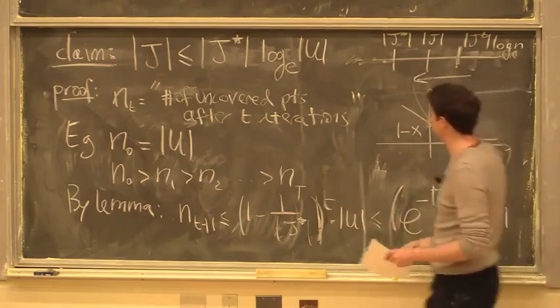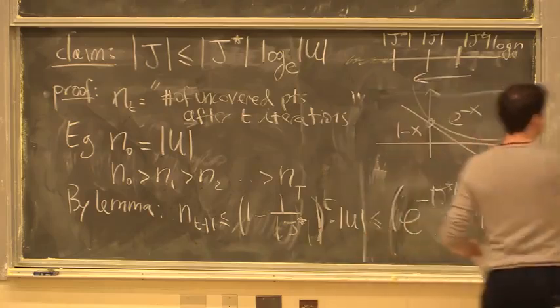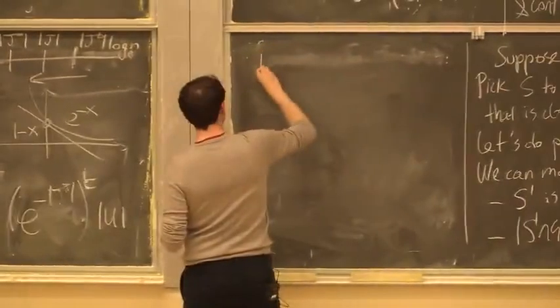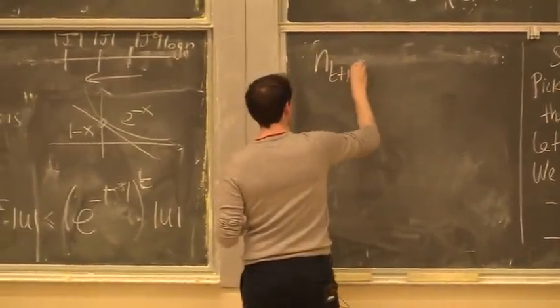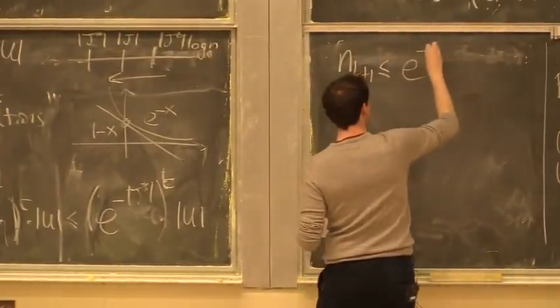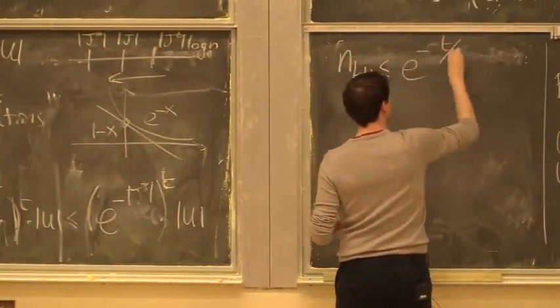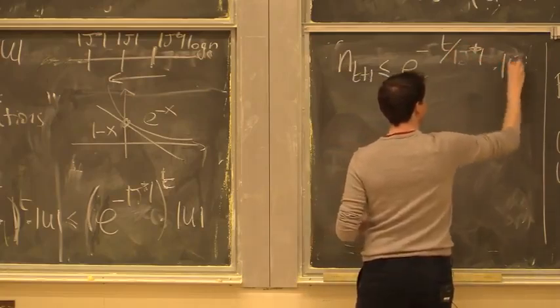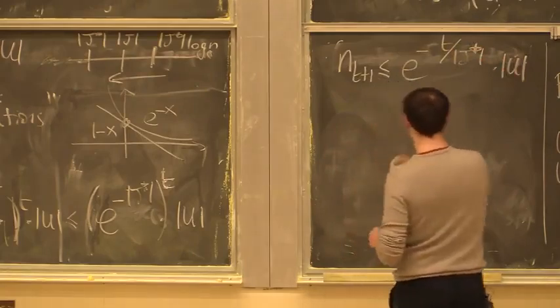So for the punchline, I need more space. Therefore, we have that n t plus 1 is at most e to the minus t over j star, times u. Okay?